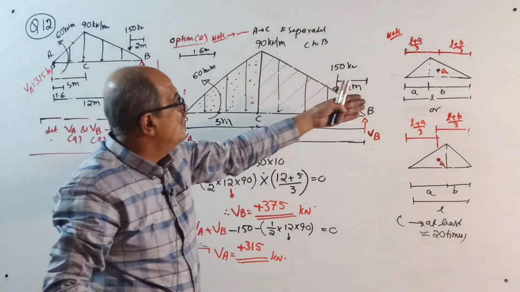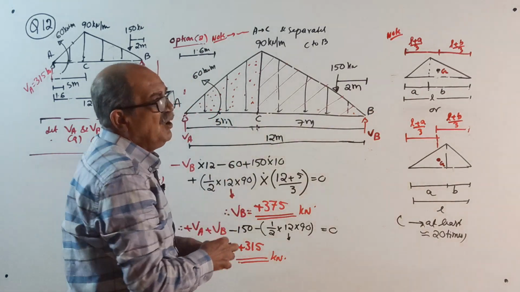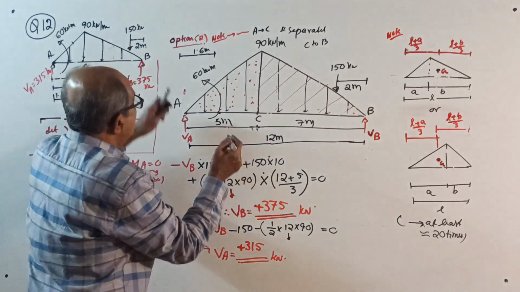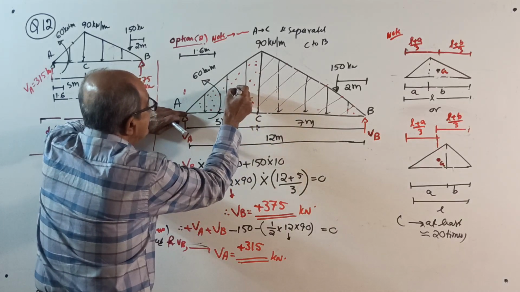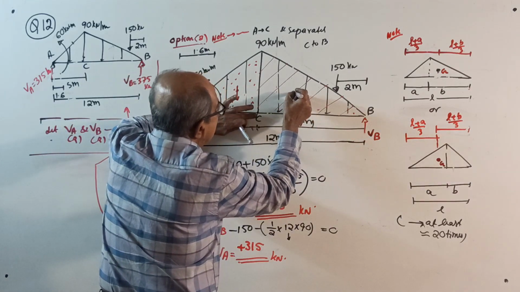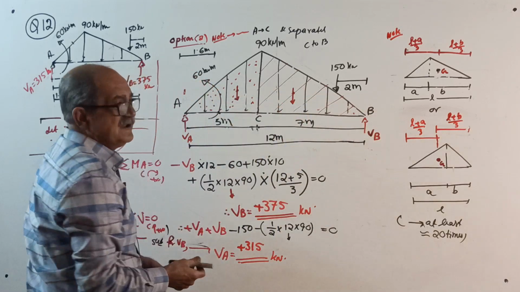Why? Sir, the formulas are difficult to remember and we get confusion. Here there is no confusion because it is the usual right angle triangle. In that case, for this A to C the resultant load will be here, and for C to B the resultant, or centroid, will be here. Make a note. Okay, that's all. Now write.